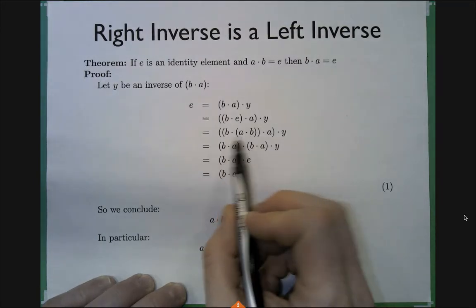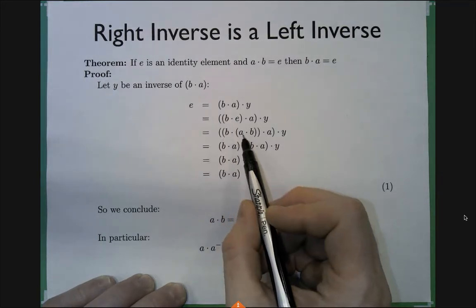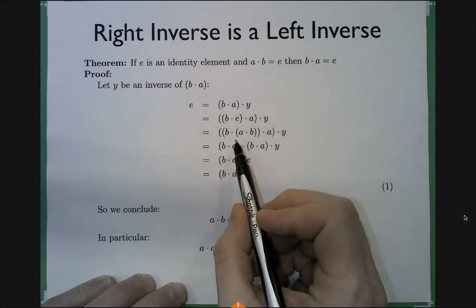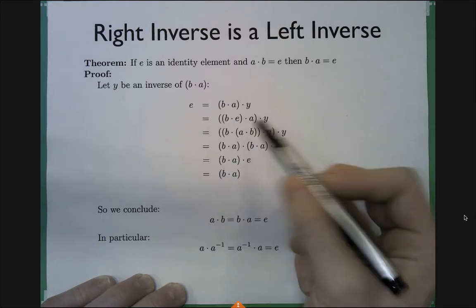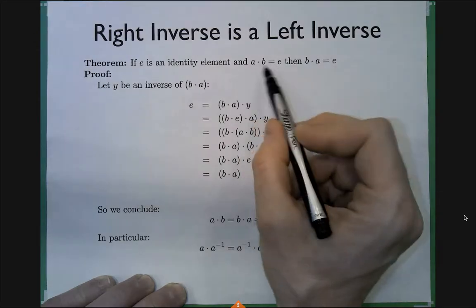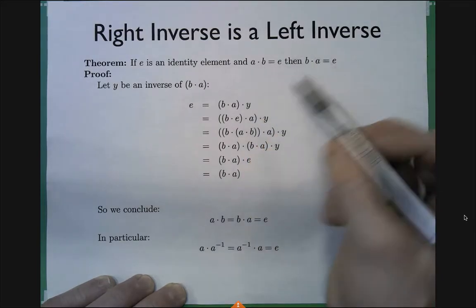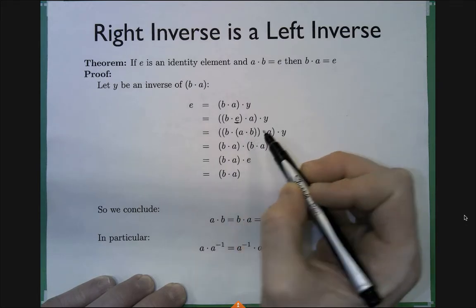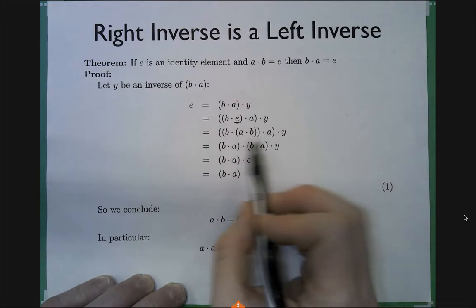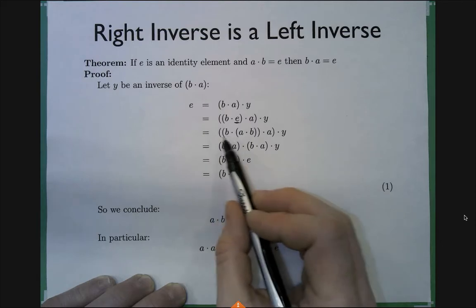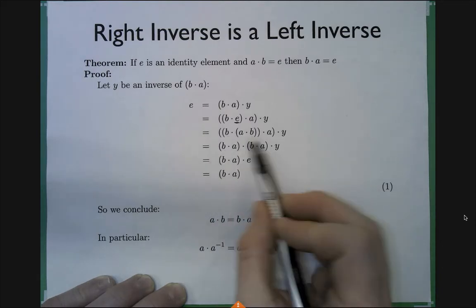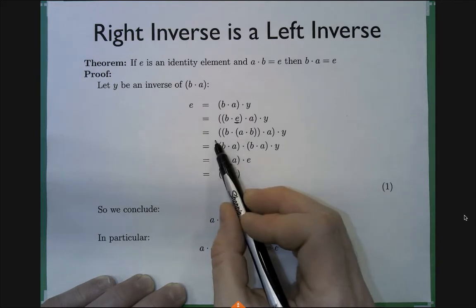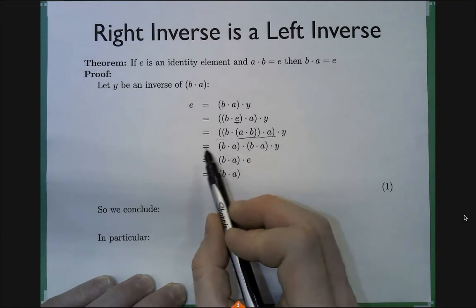And now, what happens next? Oh yeah, here I use my assumption that A times B is identity. So here I replace this E with A times B. The next step is to apply associativity of the group multiplication, so the order of the brackets doesn't matter.